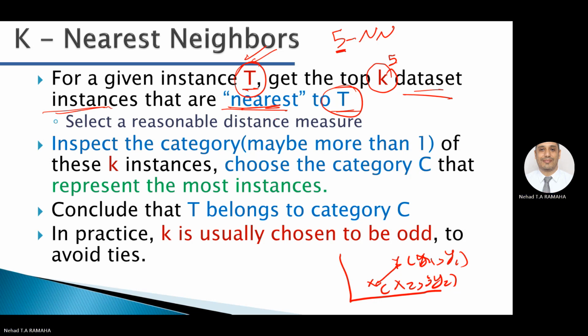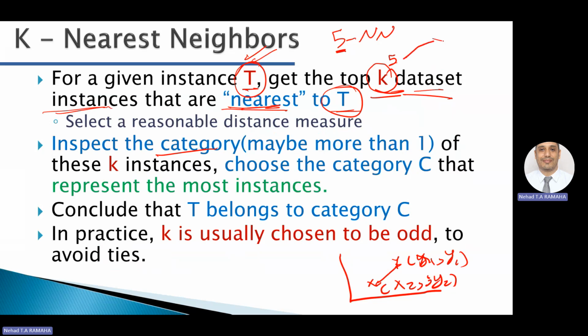So we will calculate the distance between all the data set, the whole training data set. Then we will check the nearest 5. Then for these nearest 5, we will check what categories these 5 elements have.